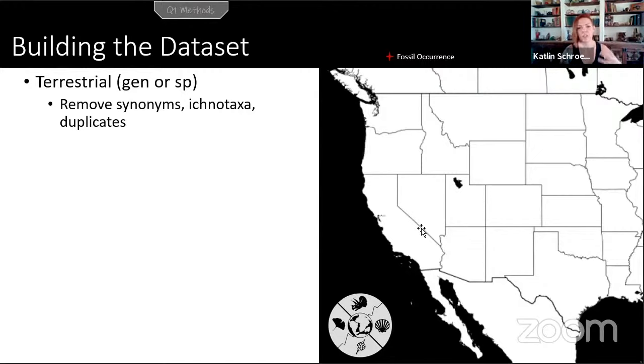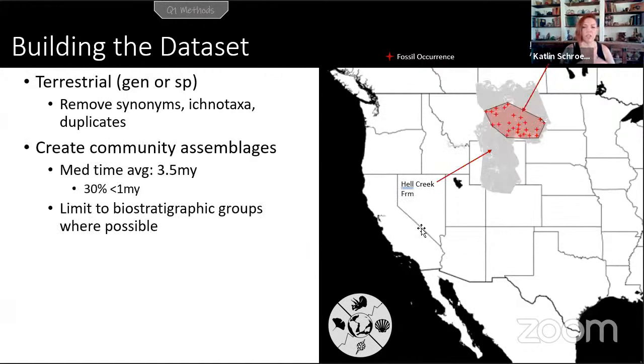So after we start to clean up a little bit, we then took all of our communities and limited them as much as we could to biostratigraphic zones, so faunal assemblages. These are areas within a formation that we know the animals were probably in the same area at the same time.